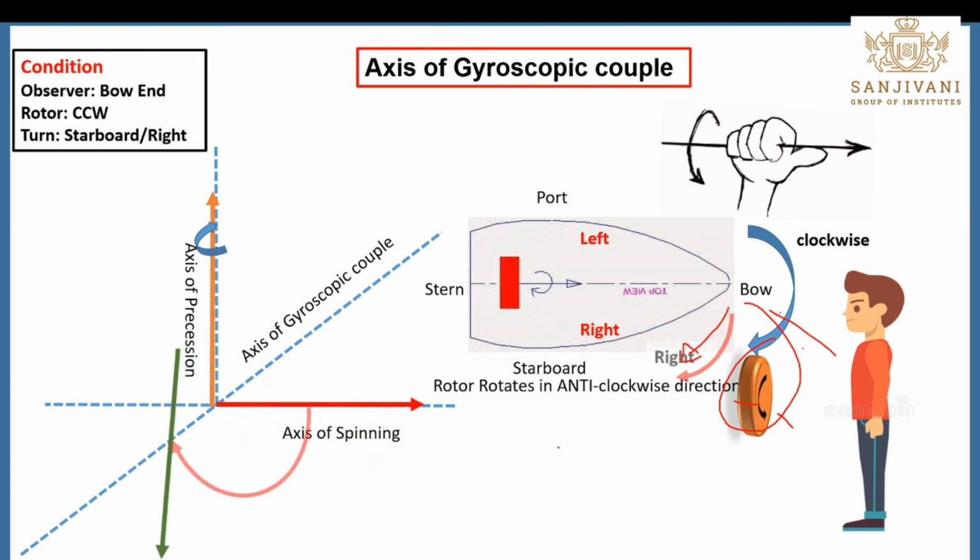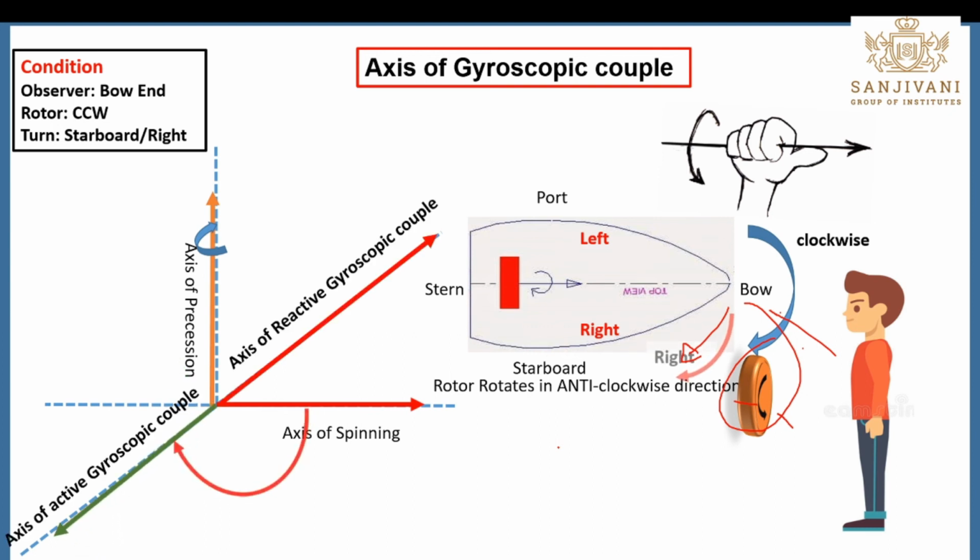With this you will get the axis of active gyroscopic couple, but we are interested in the reactive gyroscopic couple. It is just opposite of the active gyroscopic couple. Now you have to orient the thumb of your right hand in the same direction as the reactive gyroscopic couple, and see the direction of rotation of your fingers.